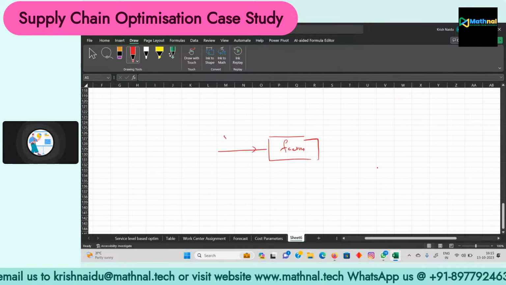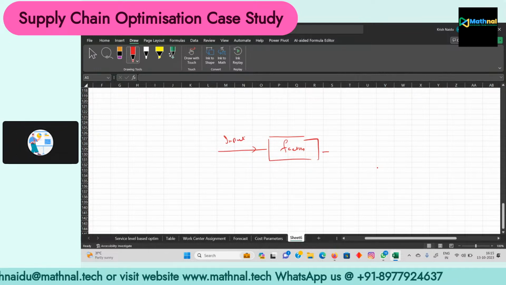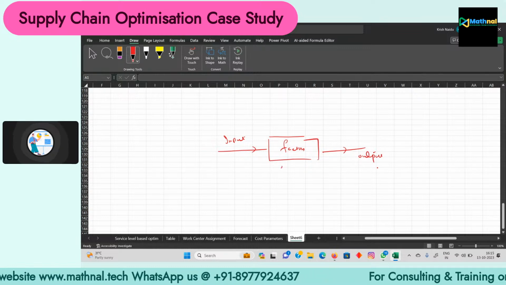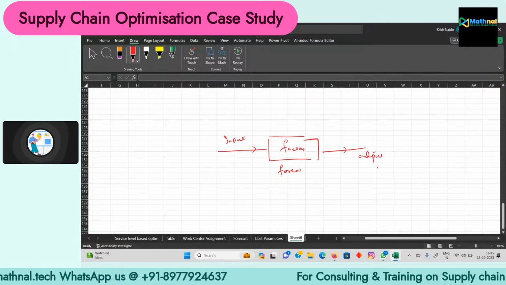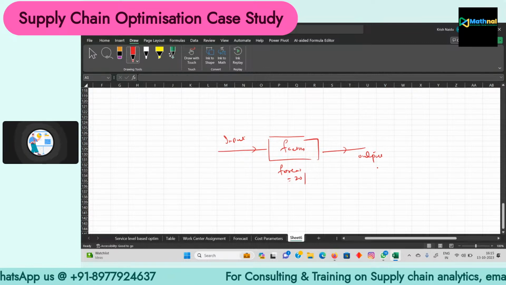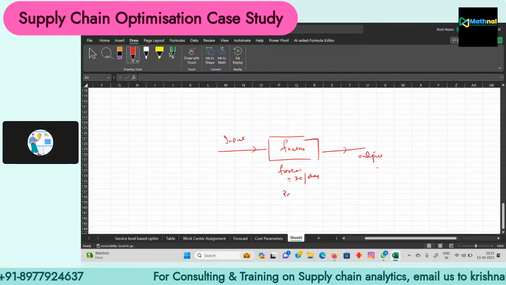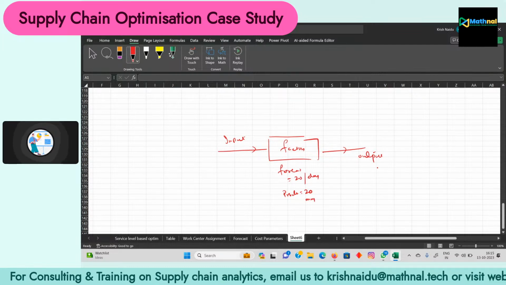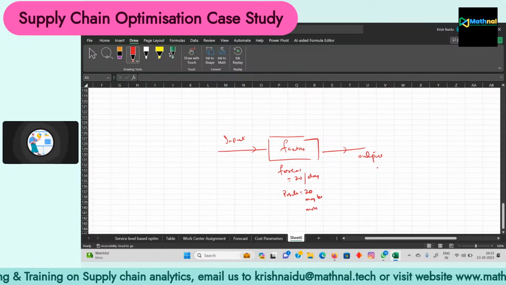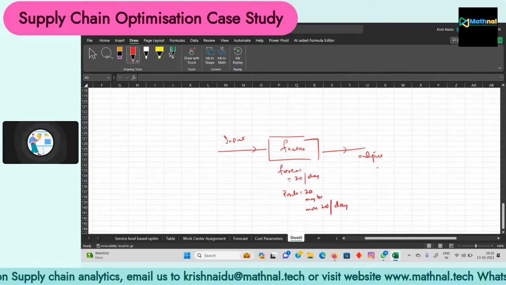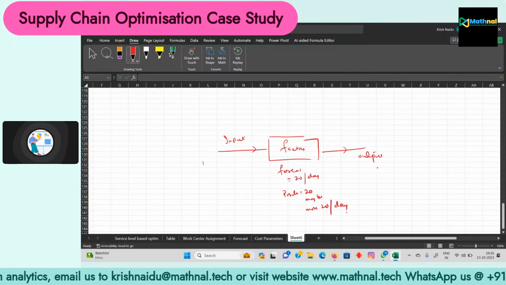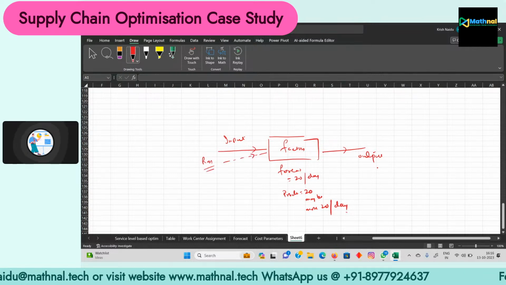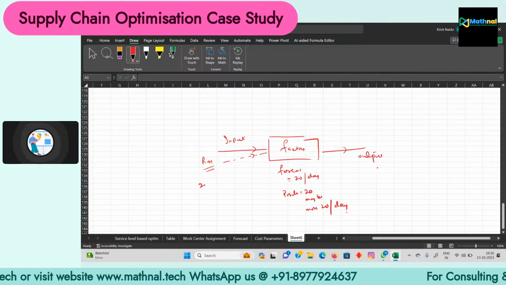This is an input. There is an output, right? There are various kinds of inputs. Now the forecast, let's say, is 20 units per day. My production may be 20 or maybe more than 20 per day, but not less than 20. Now the raw material coming inside the factory for production: do we need raw material of 20 units per day?